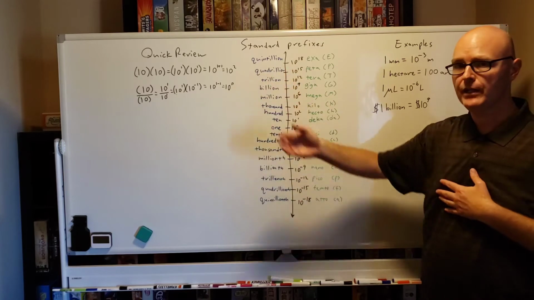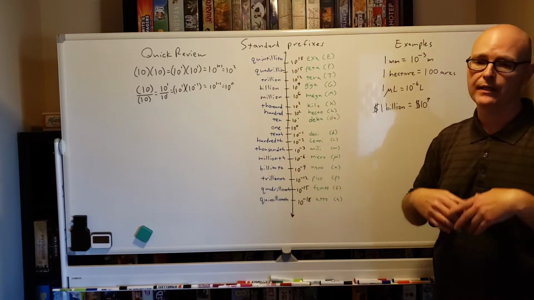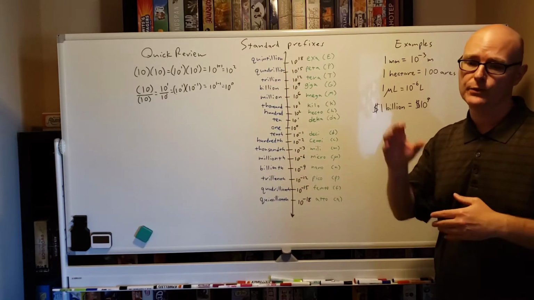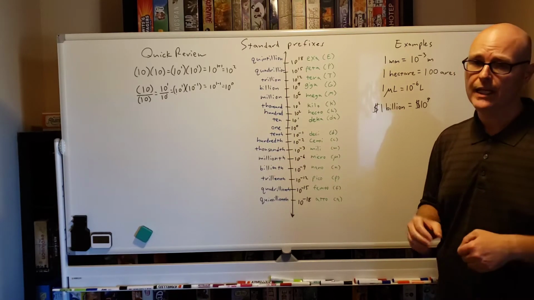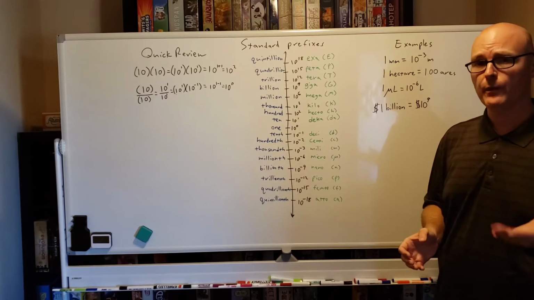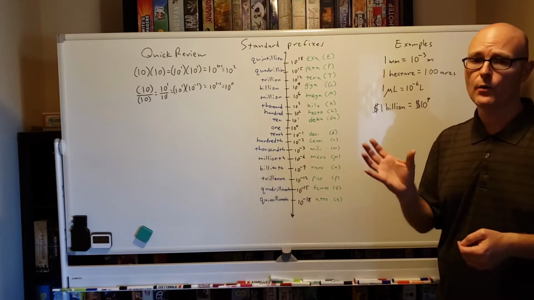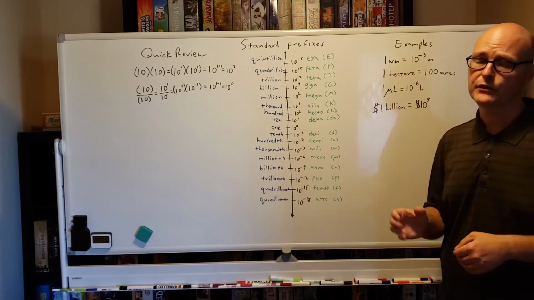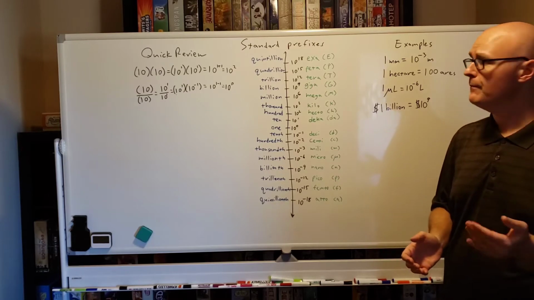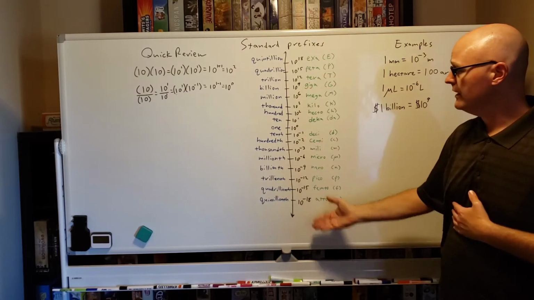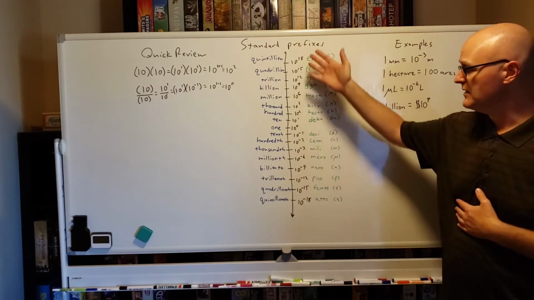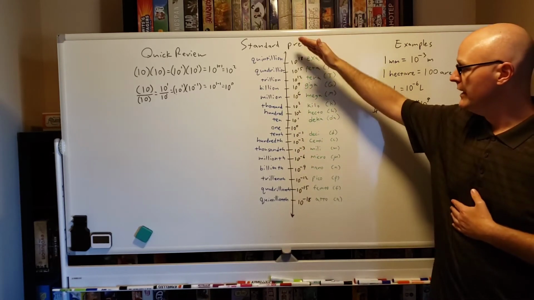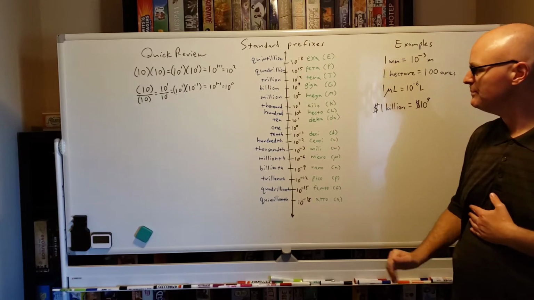As we talked about, 10 times 10 would be 10 to the 2. So 10 to the 2 would be 2 orders of magnitude bigger than 10 to the 0. It would be 1 order of magnitude bigger than 10 to the 1. So 100 is 1 order of magnitude bigger than 10, and 2 orders of magnitude bigger than 1. So I have here a list in orders of magnitude. It's not exactly to scale, but it's roughly a log scale.